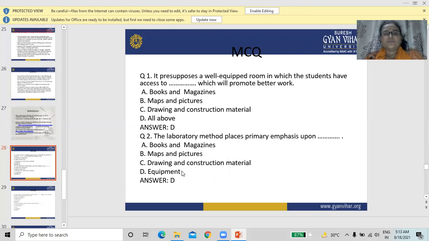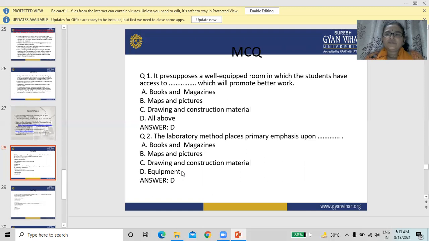Option A, books and magazines. Option B, maps and pictures. Option C, drawing and construction material. Option D, all the above. Correct answer is D, all the above: books and magazines, maps and pictures, drawing and construction material.